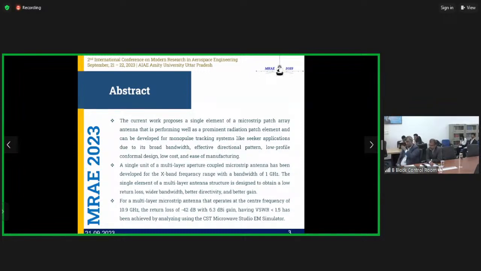For a multi-layer microstrip antenna that operates at a center frequency of 10.9 gigahertz, a return loss of minus 42 dB with 6.3 dBi gain, having VSWR less than 1.5, has been achieved by analyzing using the software called CST Microwave Studio EM Simulator.